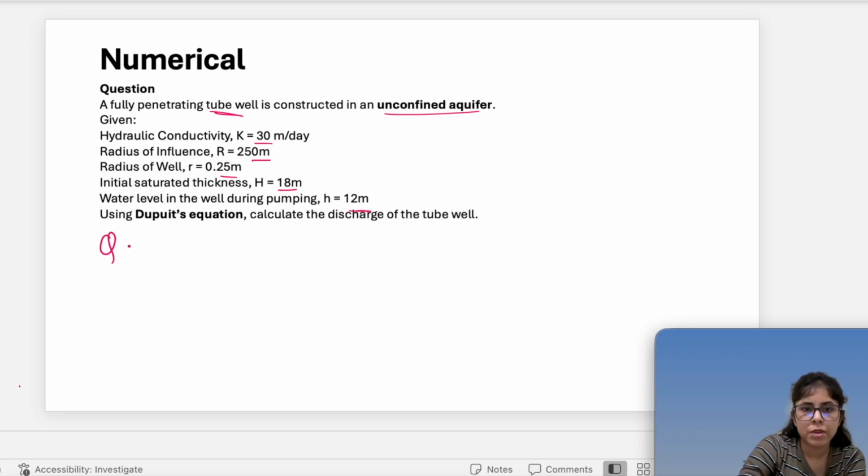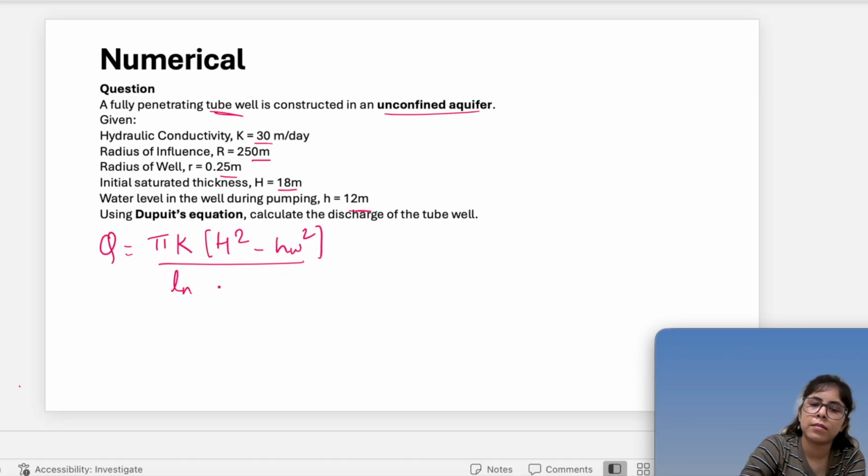So what was Dupuit's equation? That was Q = pi k (H square minus hw square) upon ln r upon rw, and if I need to use log 10, then I have to have 2.303.